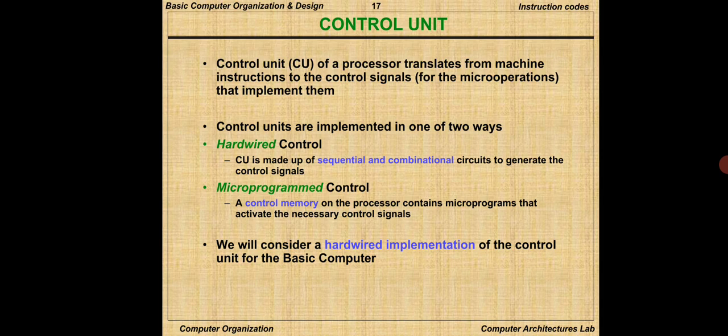Next is your micro programmed control unit. What do you mean by a microprogrammed control unit? As the name specifies, all the functions you give will be generated by using programming. For example, if I want to perform addition, I will use an addition instruction.